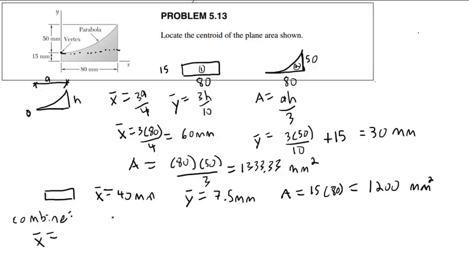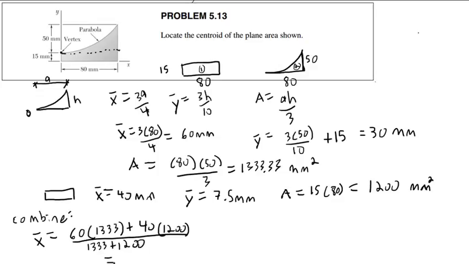X bar is going to be 60 times 1333 plus 40 times 1200 over 1333 plus 1200.